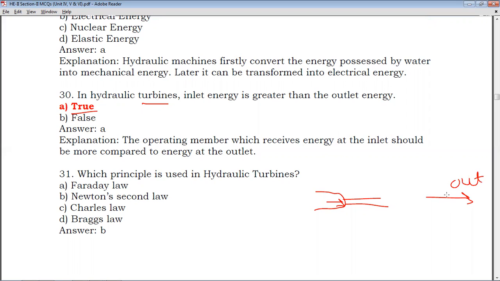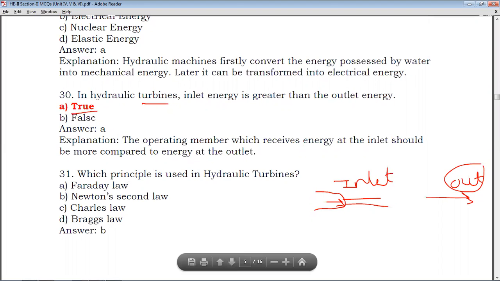So always in a hydraulic turbine, inlet energy must be greater. If for some reason the outlet energy of the turbine is greater than the inlet energy, then wear and tear of the turbine is going to happen, which is subsequently going to destroy your turbine.